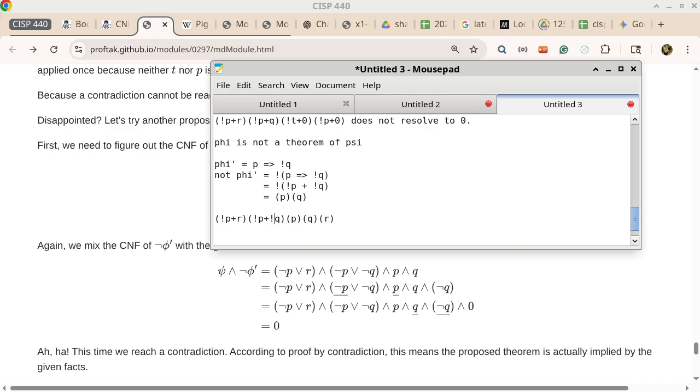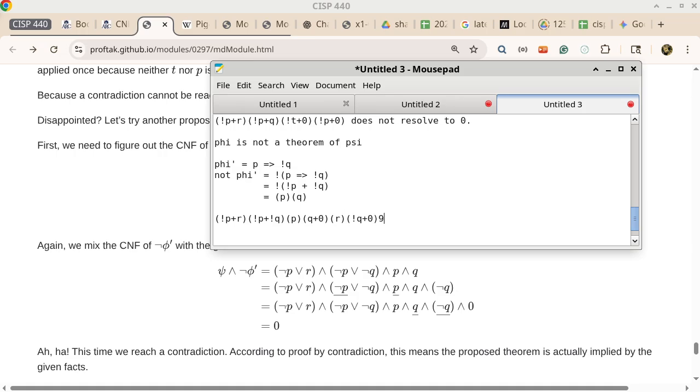There we go. That would make sense because we can do the resolution between this one and the P, and we would end up with not Q. Then when we look at the Q and the not Q, because these implicitly have an or false here, these two would resolve to a false.